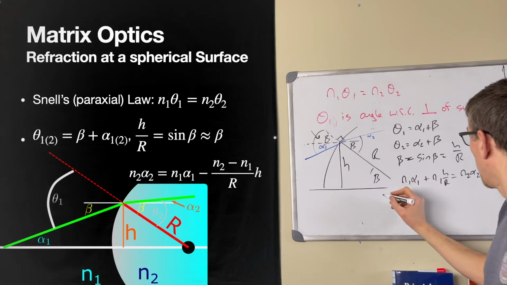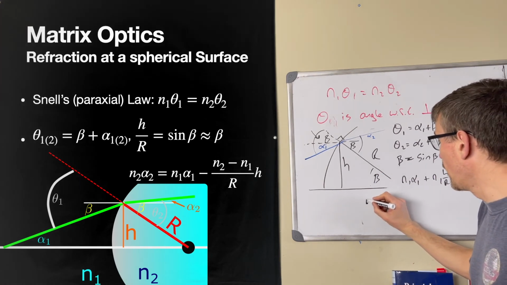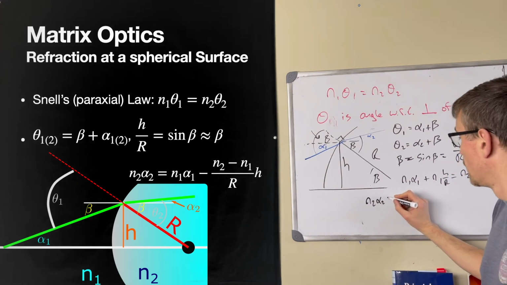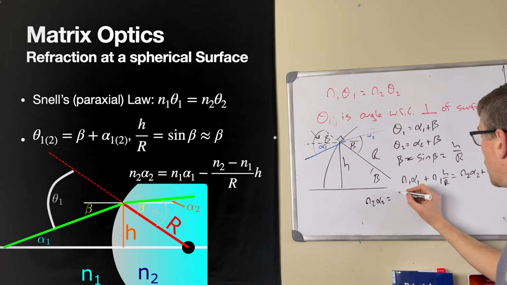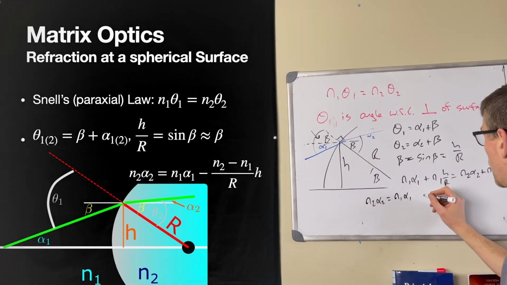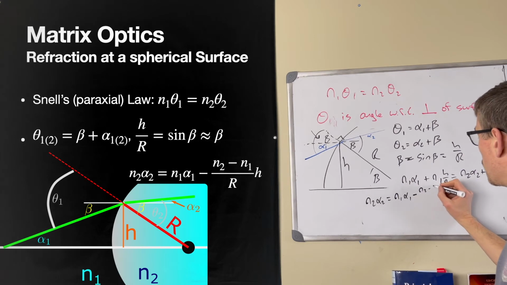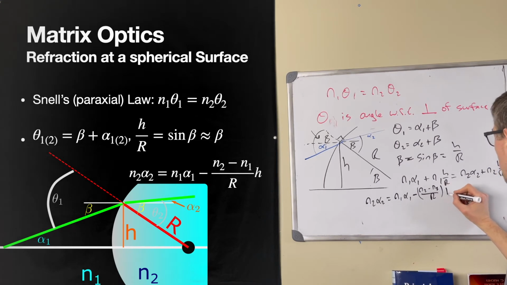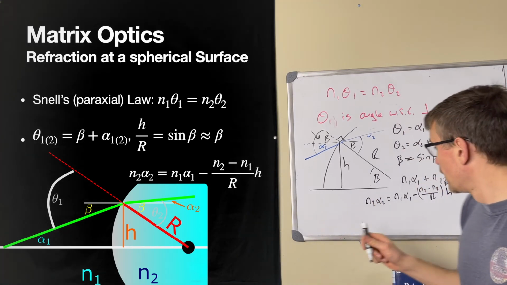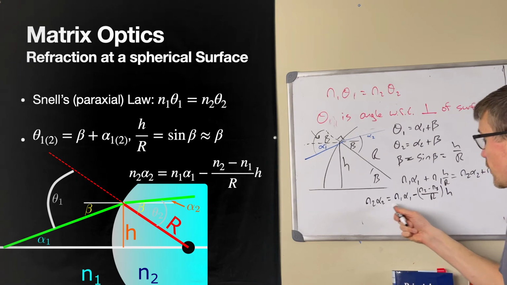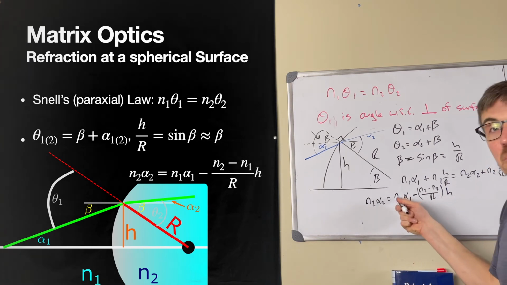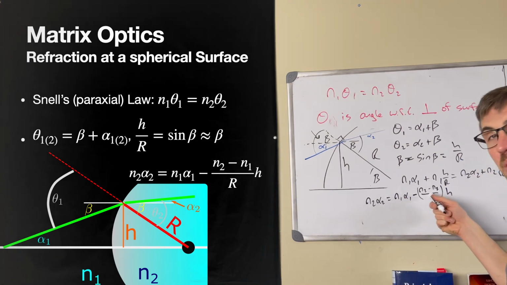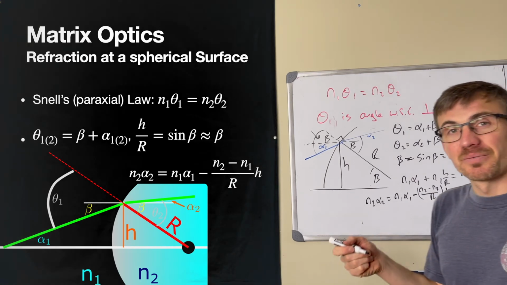So let's solve for our new angle here. n2 alpha 2 is equal to n1 alpha 1 minus (n2 minus n1) over r times h. And here's the key: alpha 2 depends on alpha 1 and h. It's some number times alpha 1 plus some number times h.